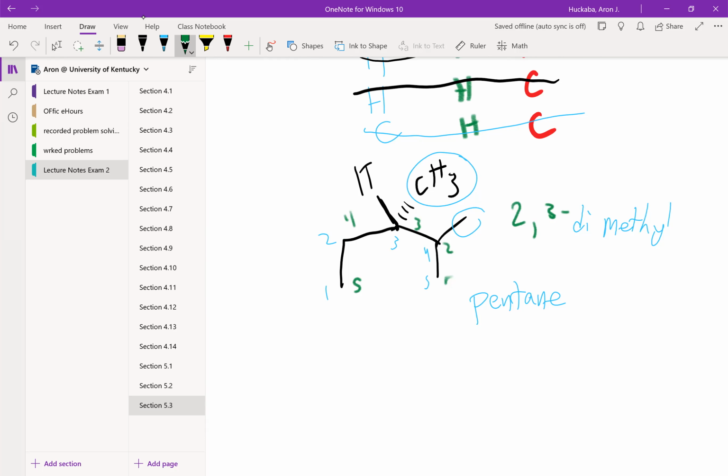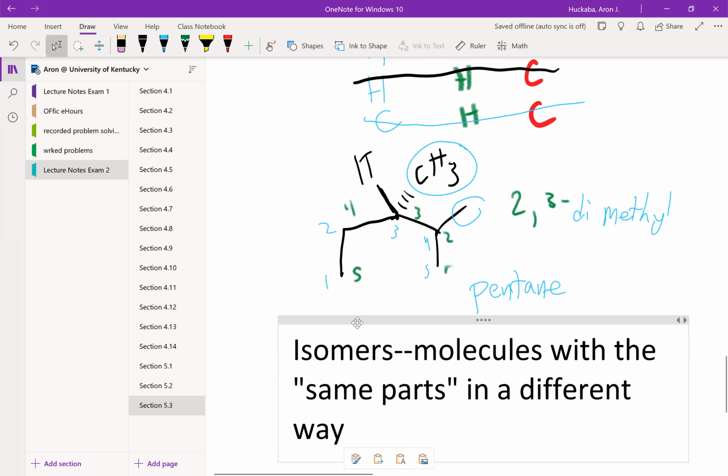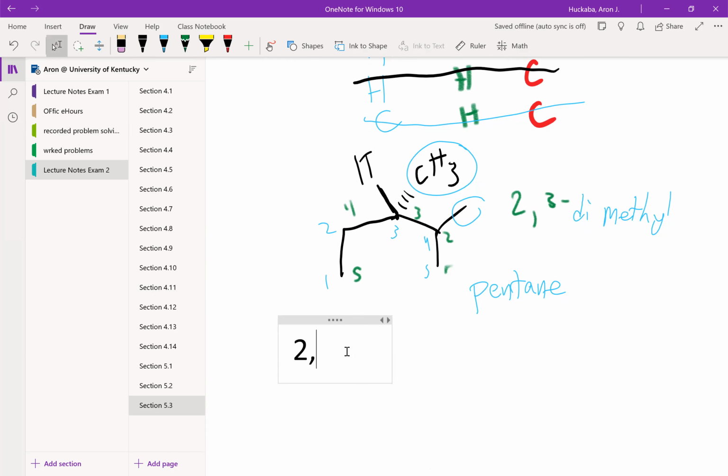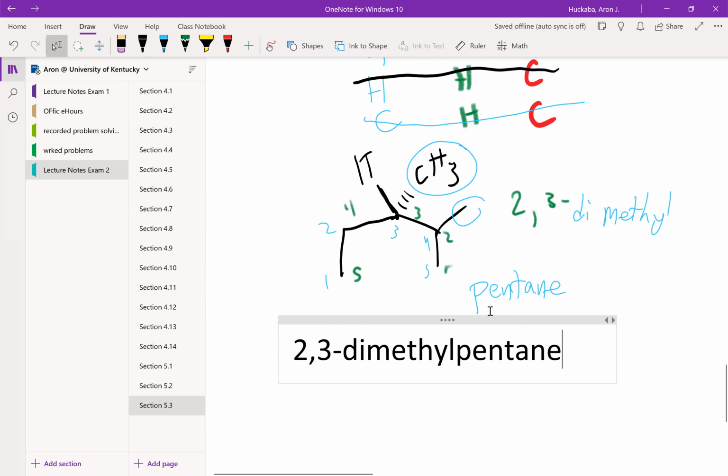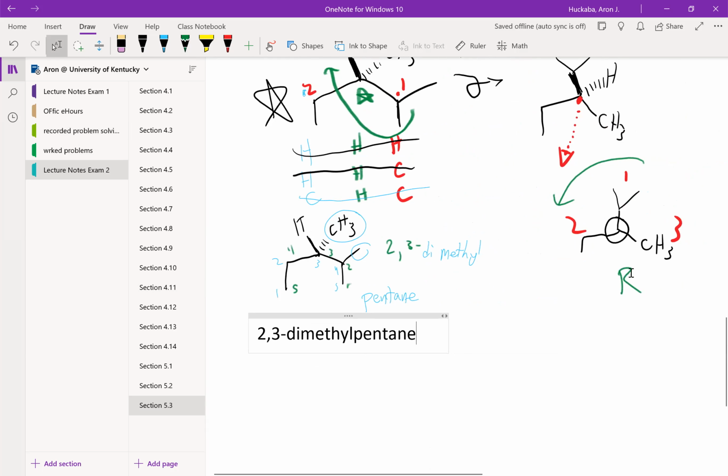So we have, I'm going to type that so it's a little neater. So we have 2, 3 dimethyl pentane. But the question is, where does our CIP nomenclature go? And it goes right in the front before everything else.